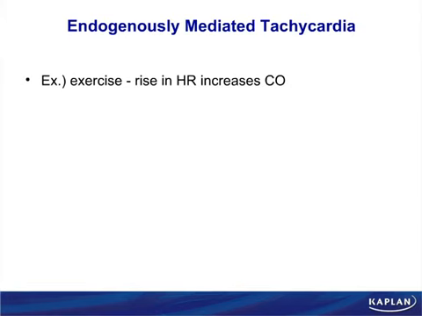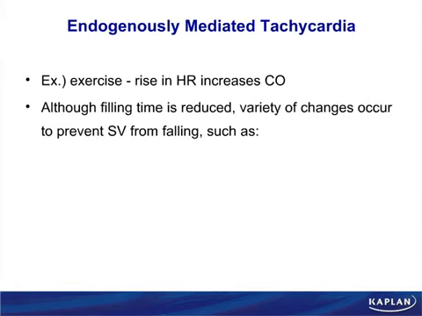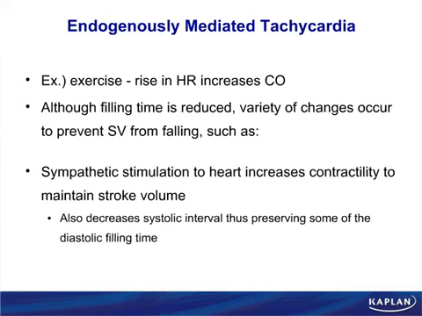Even though filling time is reduced, a variety of changes occur that prevent the stroke volume from falling. Remember, sympathetic stimulation to the heart not only increases heart rate, but it also increases the inotropic state. So it increases contractility. That helps us maintain stroke volume.